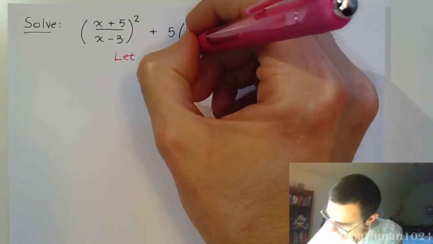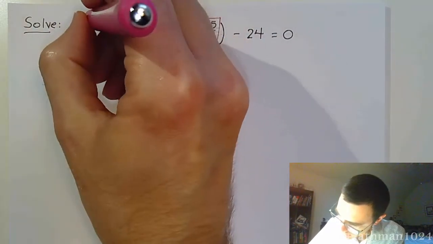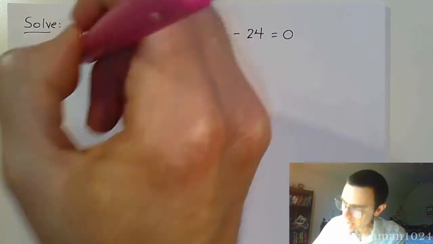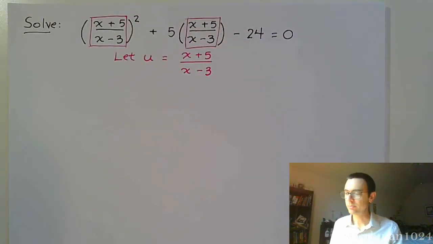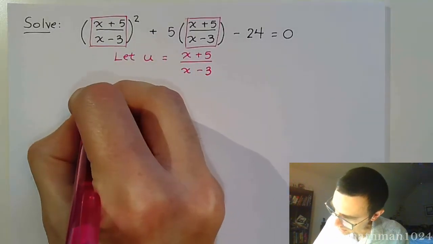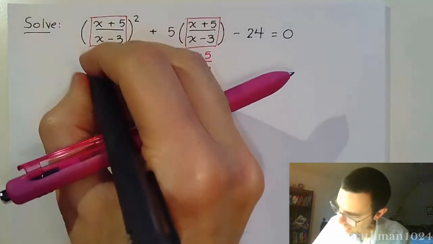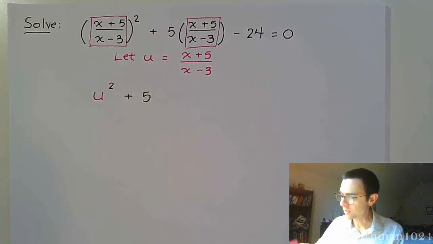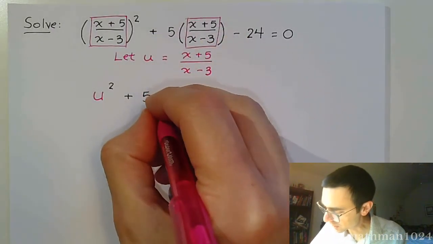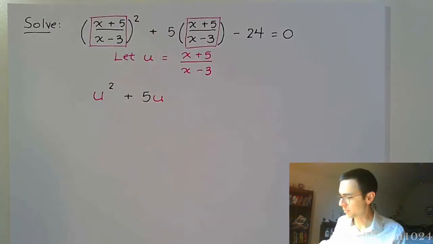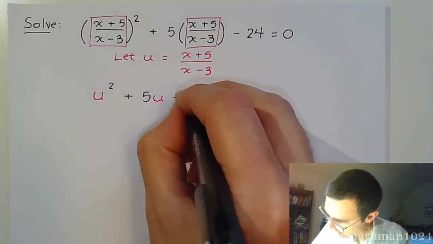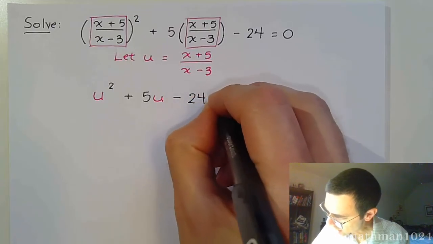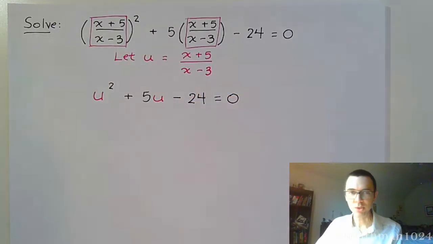So that means we're going to take these expressions here and here, and we're going to rewrite them. So now, that's u, keep the square and the plus 5. That's plus 5 times big fraction, so plus 5 times u. Minus 24 is equal to 0.